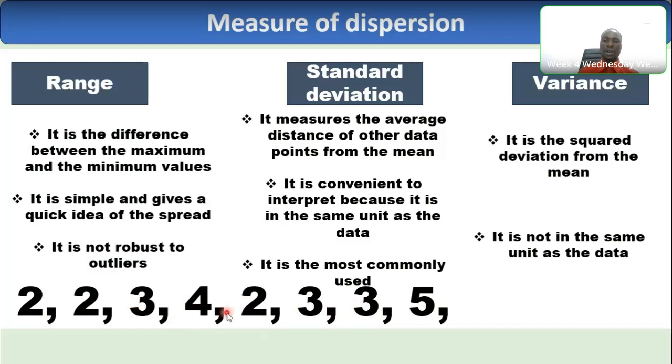However, if I add another data point, 33, our range becomes 33 minus 2, which is 31. And you cannot use that to really represent the spread between these data. So that is why range is very sensitive to outliers.